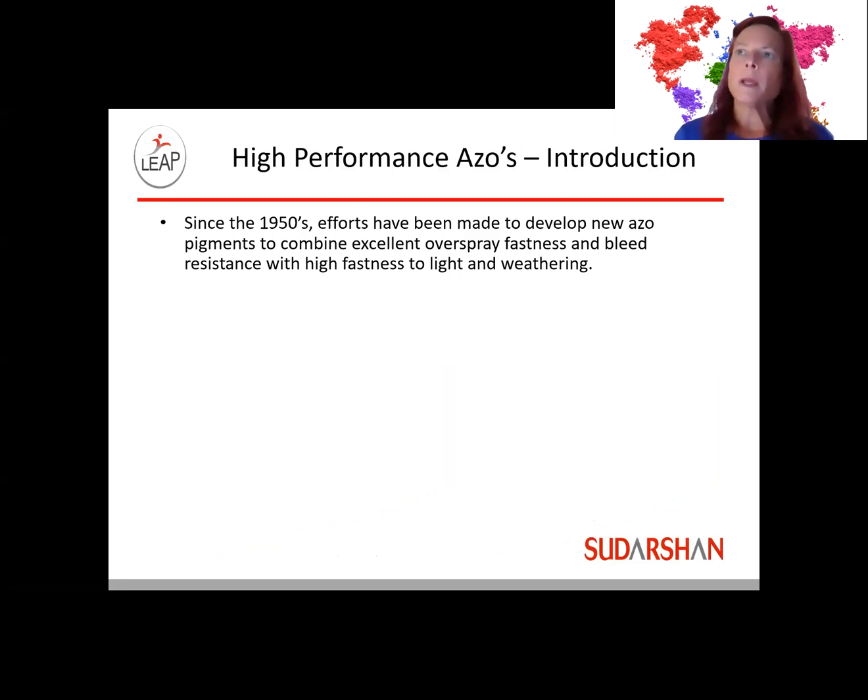As an introduction, since we've discussed the classical azo pigments already, there have been efforts to improve the technical properties of the classical azo pigments, especially the fastness properties as well as bleed resistance and heat stability, to bring that color need from the azo to more of a high performance pigment property catalog.